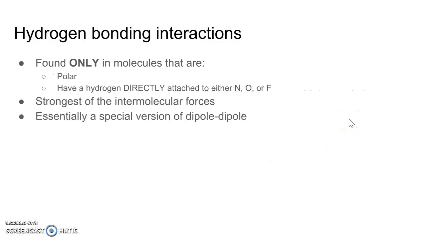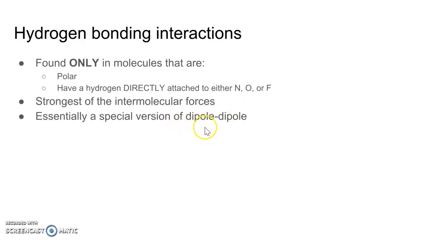Okay, now this is the biggest one and the most important one to really, really understand: hydrogen bonding interactions. Hydrogen bonds are found only in molecules that must be polar, and they must have a hydrogen directly attached to either a nitrogen, an oxygen, or fluorine. It's the strongest out of the three, and it's essentially just a special version of dipole-dipole.